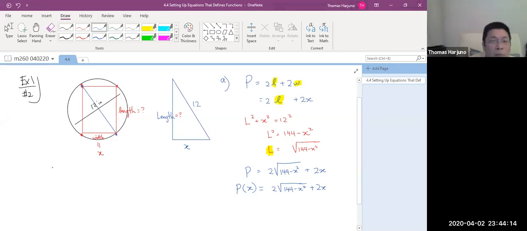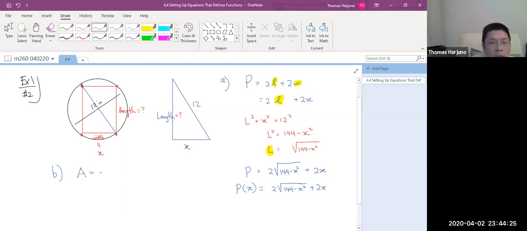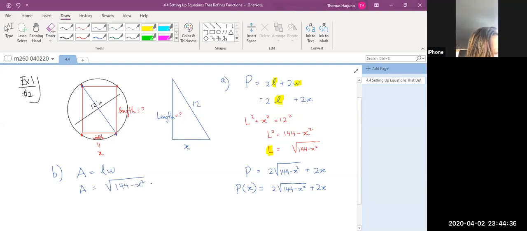Okay, let's see part B. Part B, express the area of the rectangle as a function of its width x. So the area will be length times width. Therefore, the area equals the square root of 144 minus x squared multiplied by x.